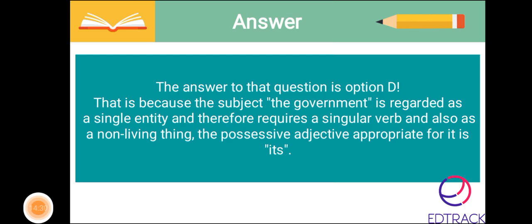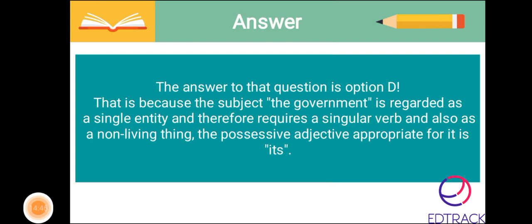So the answer to that question, let's read what we have on the screen here. The answer to that question is option D, and that is because the subject government is regarded as a single entity, as a singular noun.